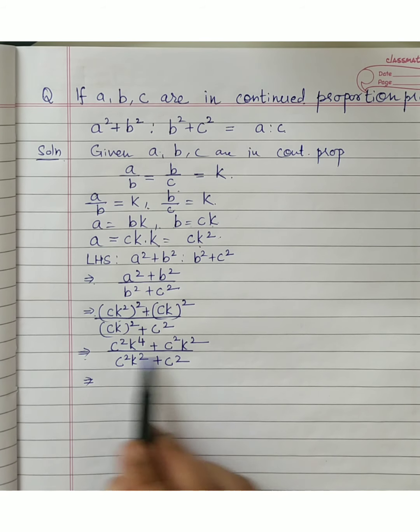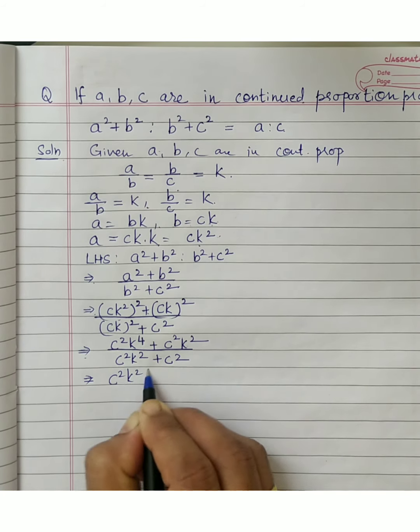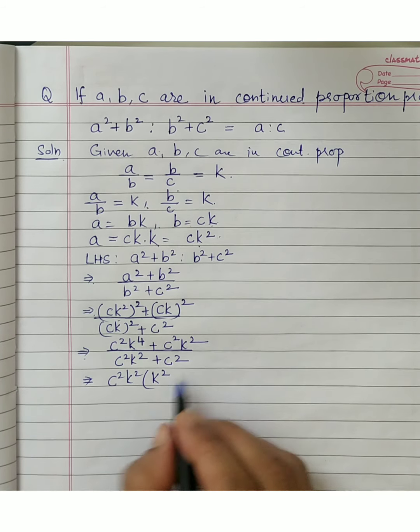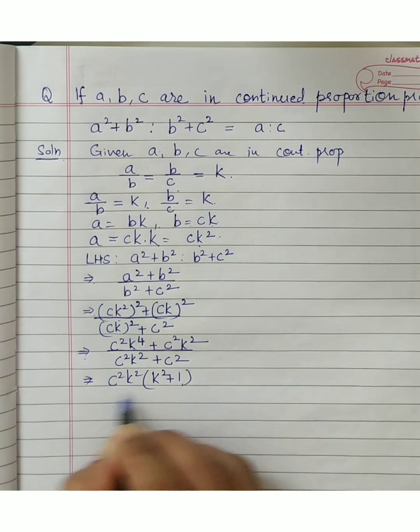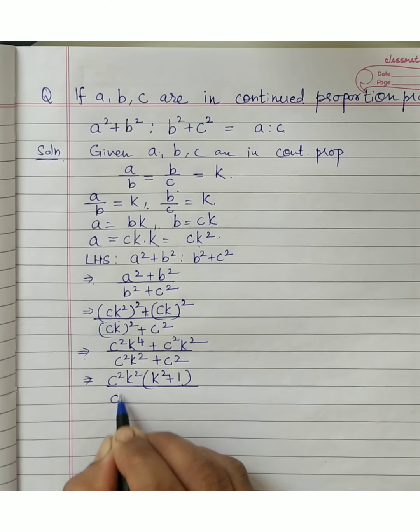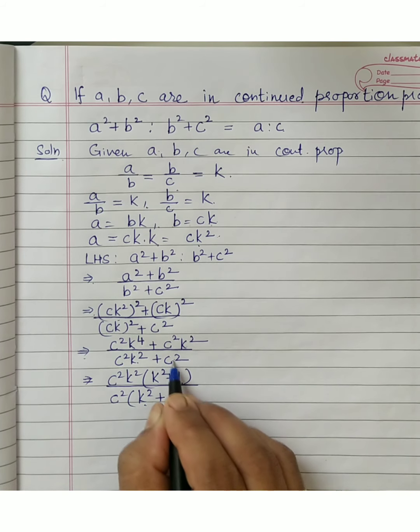In the numerator, what is common? C square k square. Take it common. C square k square. What is left here? K raised to 2 and here 1. Don't forget that. Plus 1. Here what is common? C square. What is left here? K square plus 1.